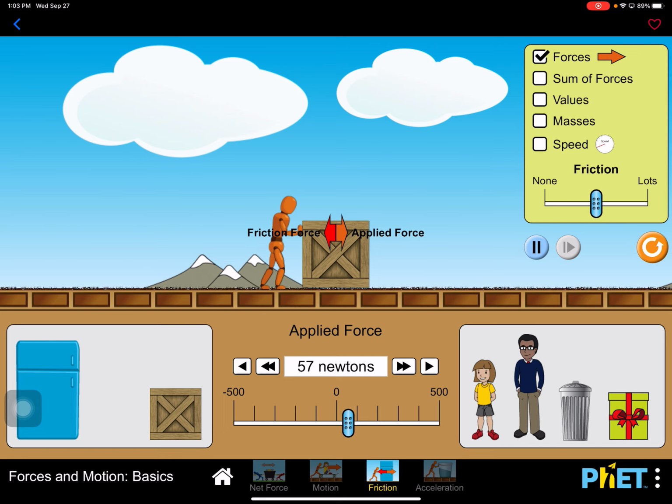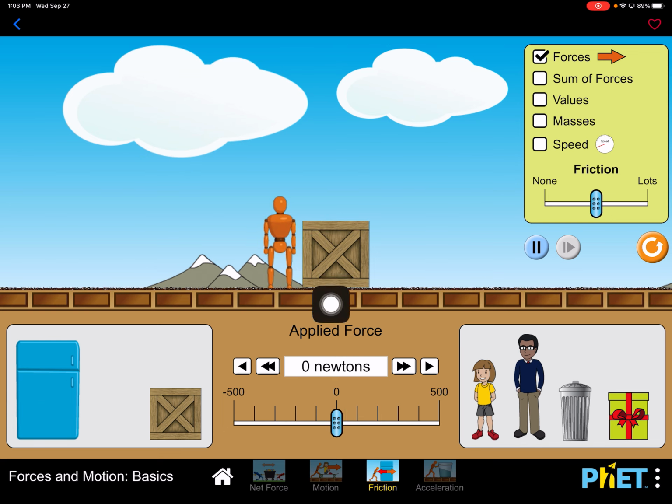And how's the friction force coming about? Because the two surfaces are in contact. And so the friction forces arise because the atoms of the box are attracted to the atoms of the ground. So you try to push the box in this direction, and there's a friction force in this direction.